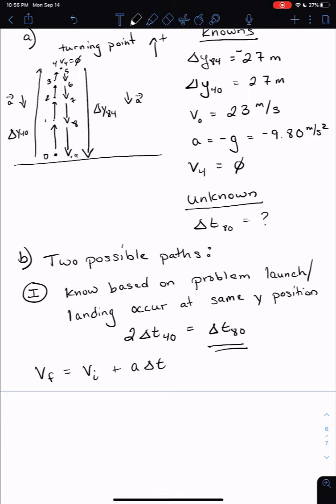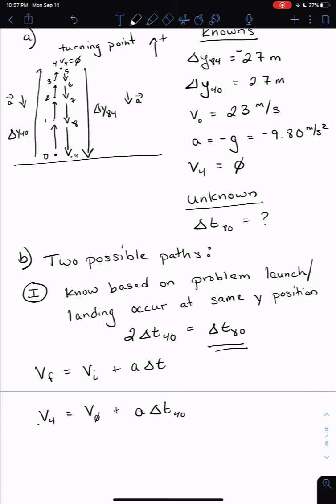If I change the notation for this problem, this would be the velocity at position 4 is equal to the velocity at position 0 plus the acceleration times the elapsed time Δt sub 40, basically meaning from launch till it hits that turning point.